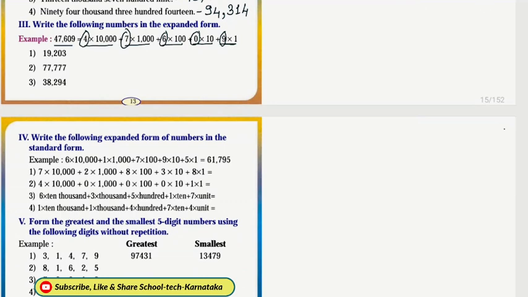So units, tens, hundreds, thousands and 10,000s place.